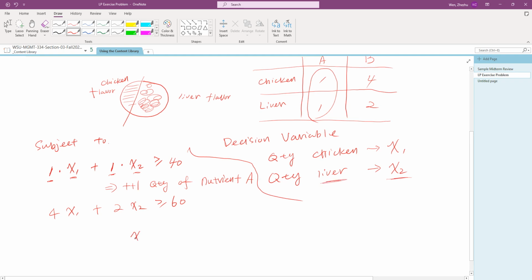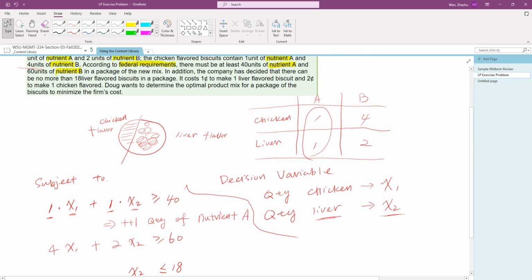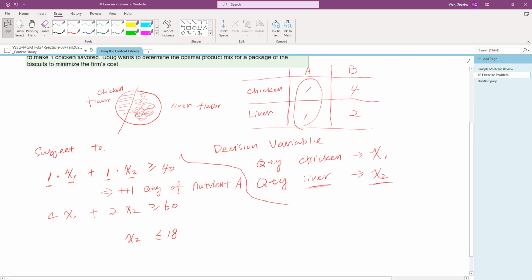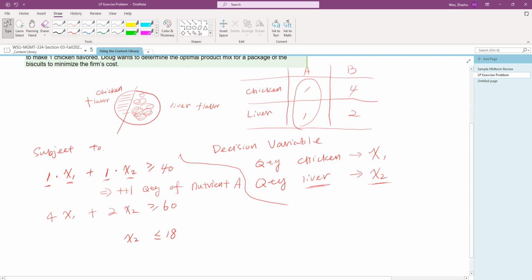So x2 should be less than or equal to 18 in terms of its quantity. Okay, and I believe we have all the constraints from the description itself. If you go through the problem yourself and are able to identify more, you can see if I got everything here, but I believe I have everything.